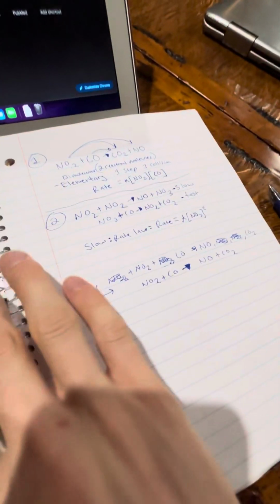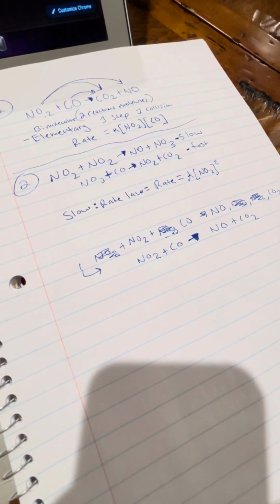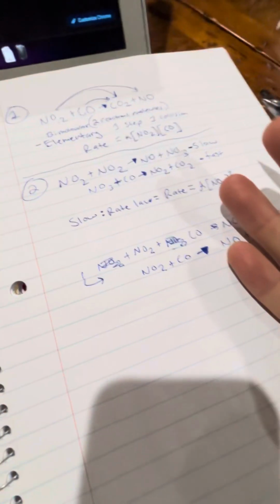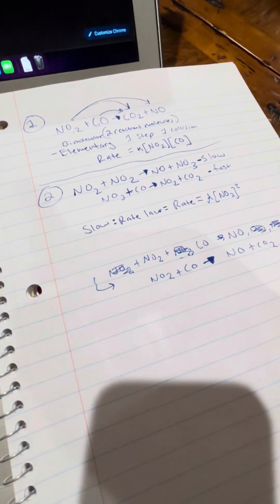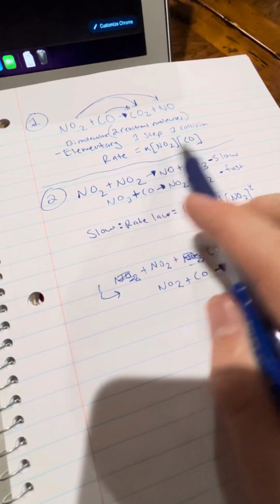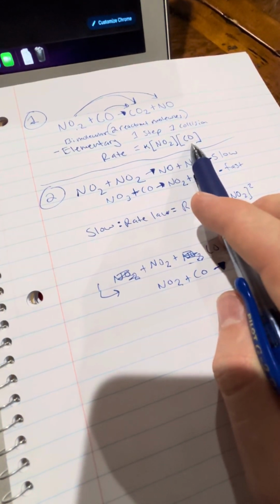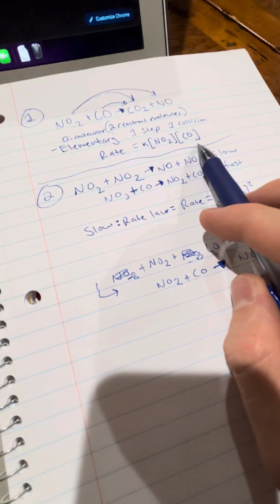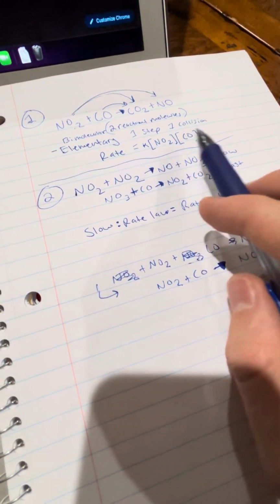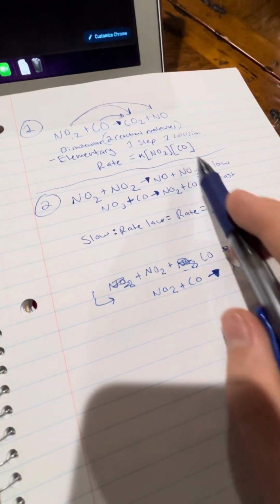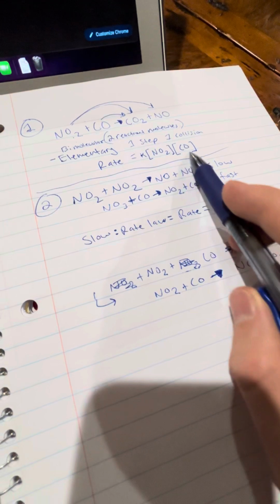Anyway, as far as the logistics go, for something else, we could set up the experiment, and because of the rate, we know that this involves these two different molecules. And so if we change the concentration of one of these and had the other stay the same, we could tell whether increasing this impacted the rate at all.